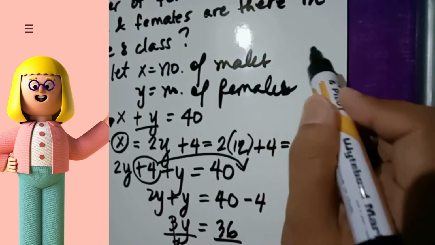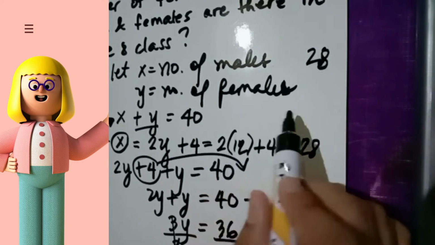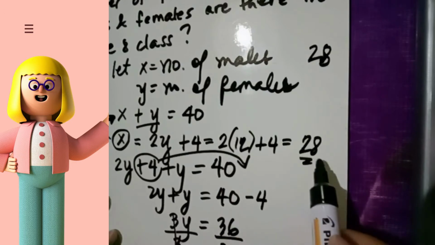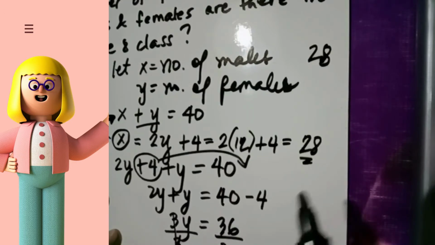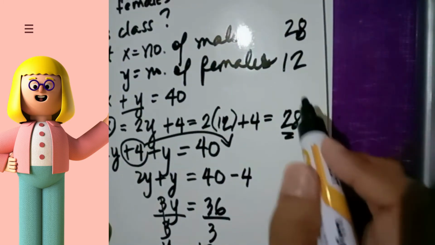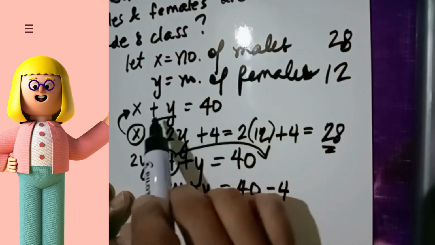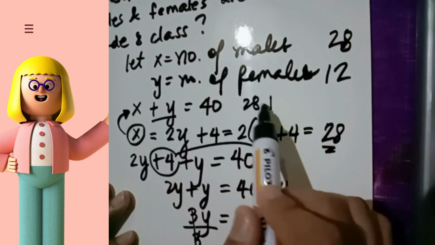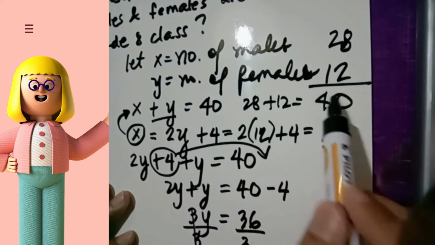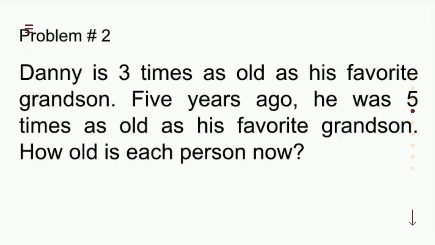And the number of females is 12, our y. When we substitute this to the first equation, you have x is 28 plus 12 is equal to 40.